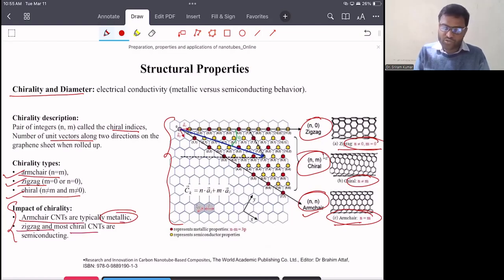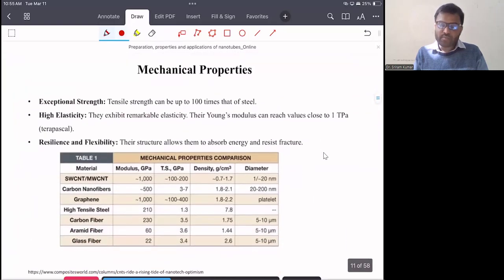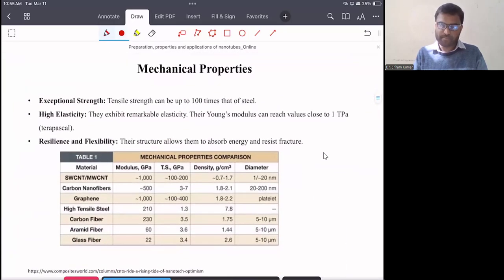The zigzag and most of the chiral CNTs are semiconducting in nature. So it depends: if you are looking for a semiconductor application or maybe a metallic application, based on your requirement, you can choose either armchair CNT or zigzag CNT. That is a very important property of CNT. And now let's understand mechanical properties.